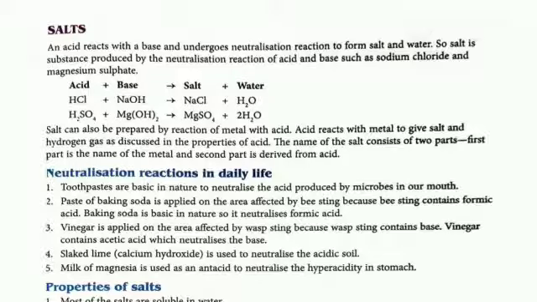Fifth, milk of magnesia is used as an antacid to neutralize the hyperacidity in the stomach. When we have acidity, or we feel acidic, and we do not feel better, then your mom gives you an antacid, because antacid contains magnesium hydroxide, that is basic in nature, that is a base, which neutralizes the acid in our stomach, and then we feel better.